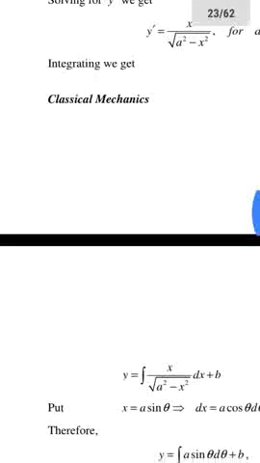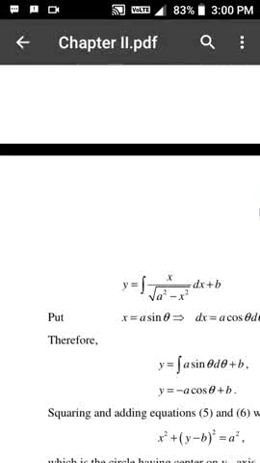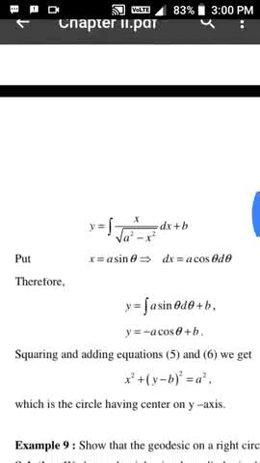Therefore, integrating, we put x is equal to a sin theta, therefore a square minus x square, a is taken outside, 1 minus sin square theta is equal to cos theta, and here x is equal to a sin theta, a gets cancelled, and we get sin theta divided by cos theta, and dx is equal to a cos theta d theta.